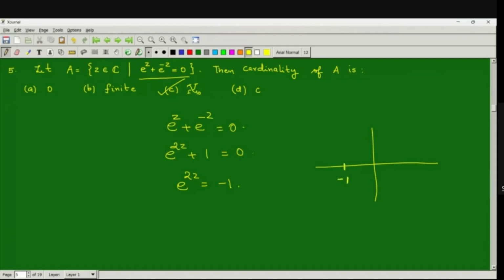Here, right? What is that? 1 times e power i pi. Now only pi? No, n pi. 2n pi.